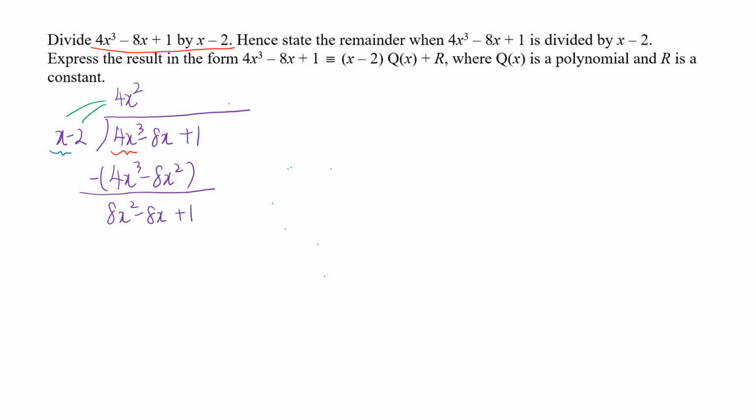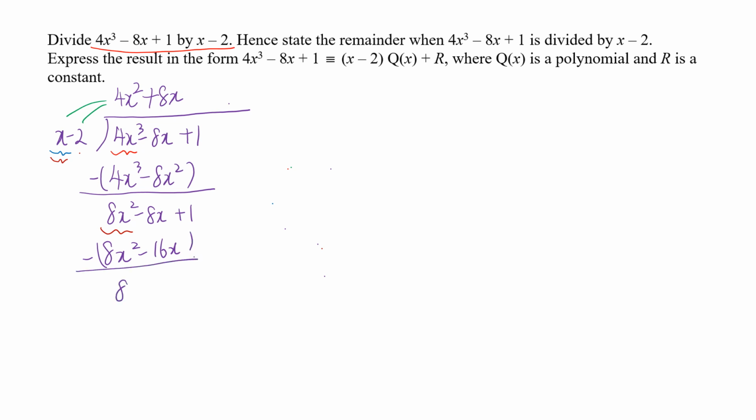You can repeat the same steps that we've done earlier on. Take your 8x squared, divide by x, and that will give you positive 8x. Then take positive 8x, multiply with both terms of your divisor, that will give you 8x squared minus 16x.